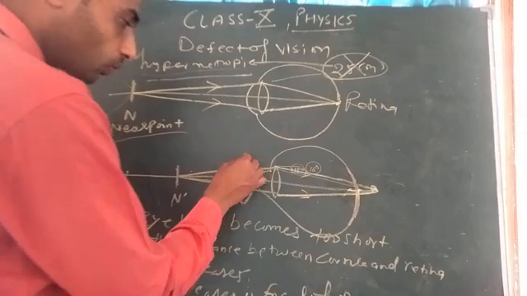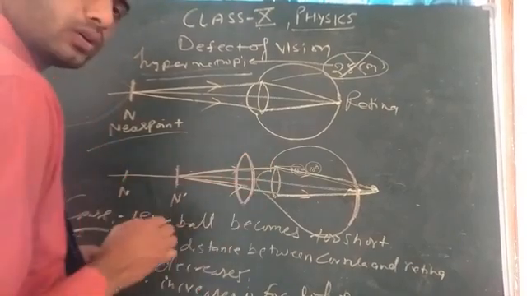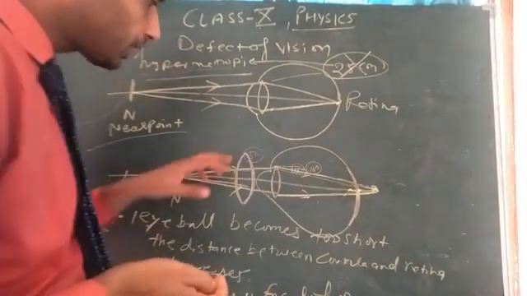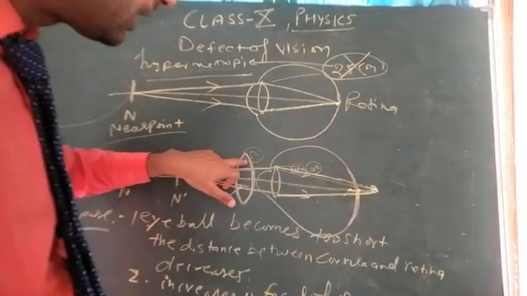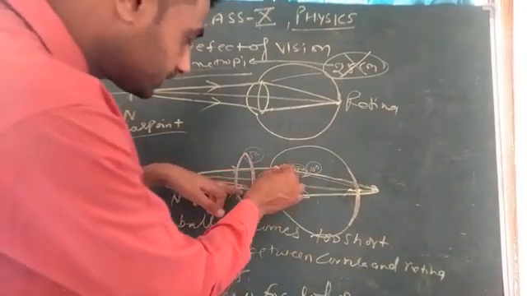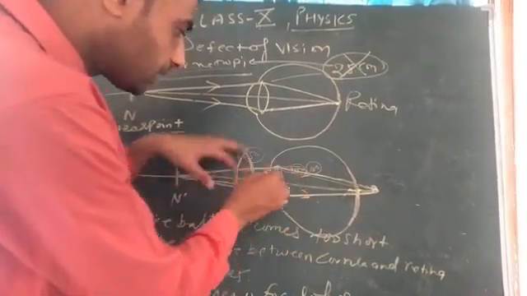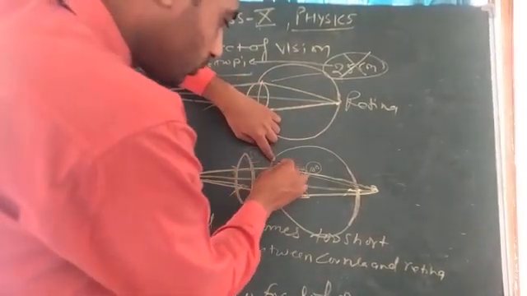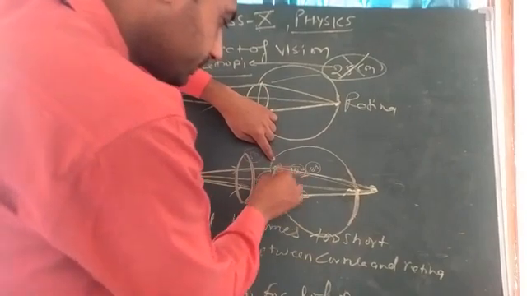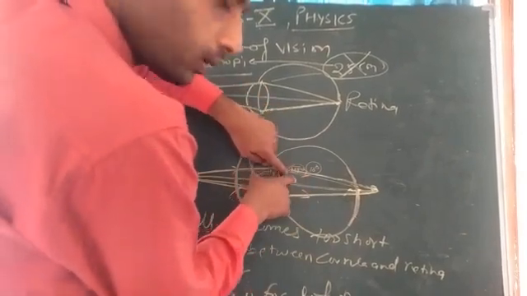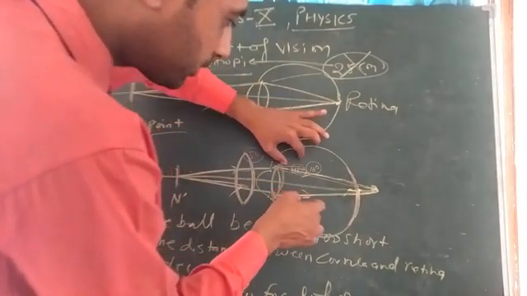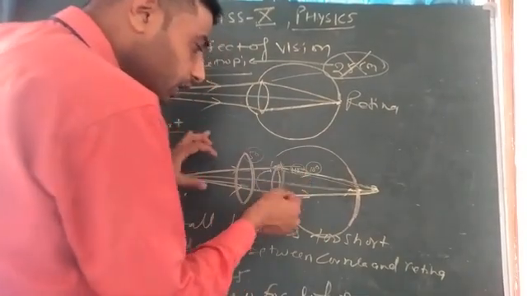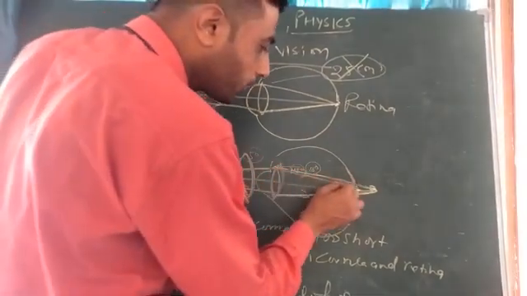So this external convex lens is used to converge the rays of light by 5 degrees, then 5 degrees is converged by this external lens, and this becomes 5 degrees less, and this convex lens converges 15 degrees, so 5 degrees is already converged. It means now the converged ray falls on the retina.